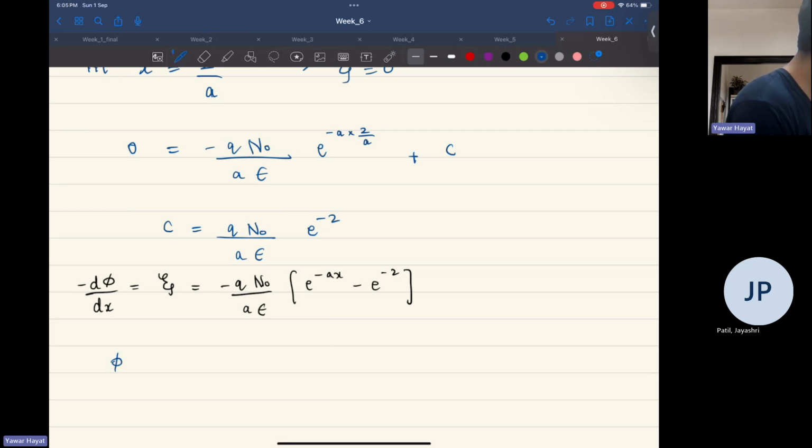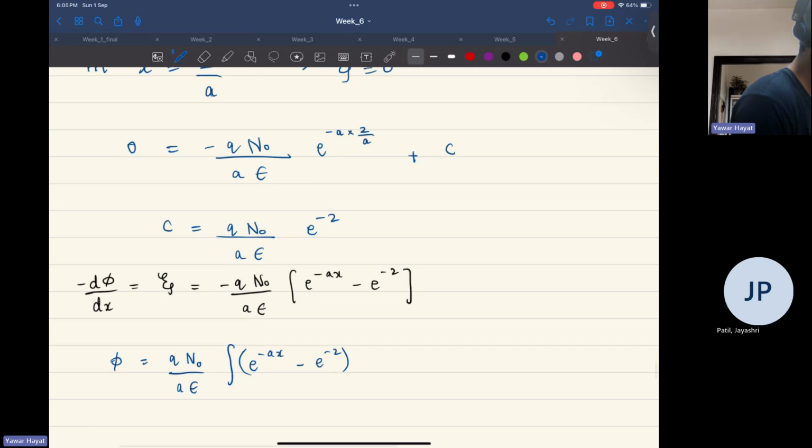Your phi would then be qn0 by a epsilon, because minus minus would go, integral of exponential of minus ax minus exponential of minus 2, dx.